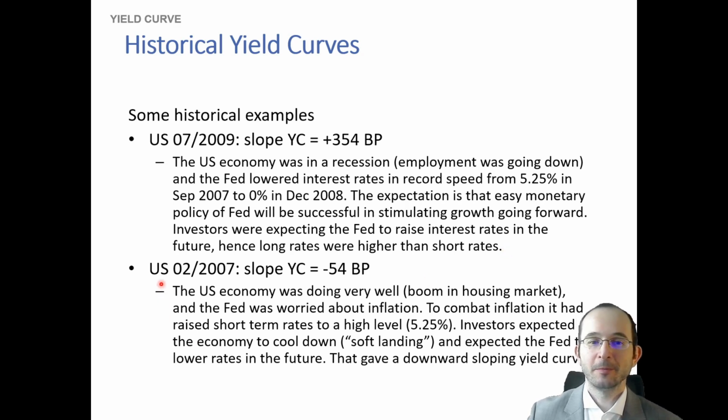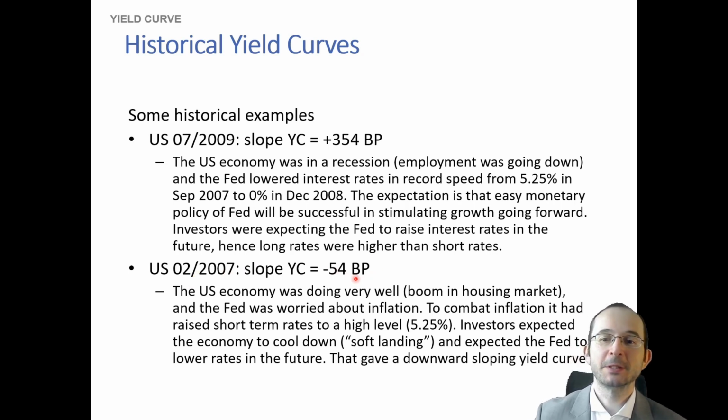Now what about just a little bit before that? At the beginning of 2007, this is before the financial crisis, here we actually see a negative slope of the term structure of interest rates, negative 54 basis points.